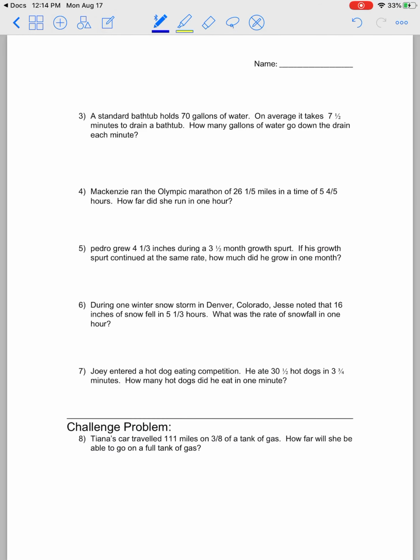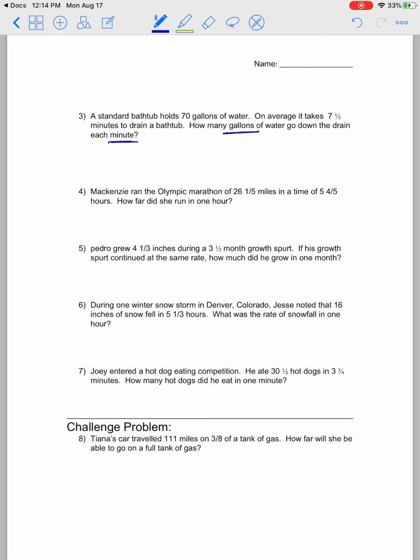That's it. All right, let's take a look at a couple more real quick here. A standard bathtub holds 70 gallons of water. On the average, it takes 7.5 minutes to drain the bathtub. How many gallons of water go down the drain each minute? So that means we're trying to see the gallons of water per minute, right?